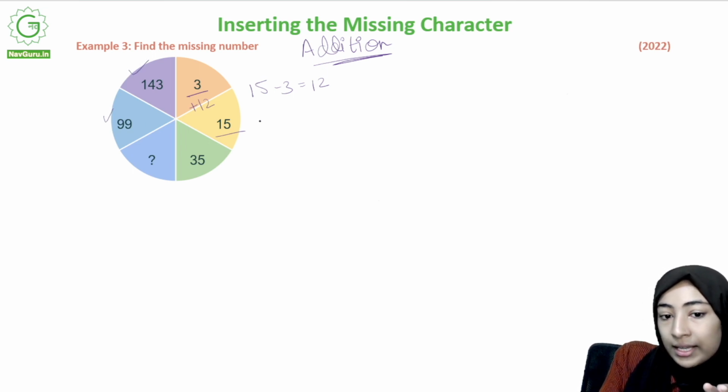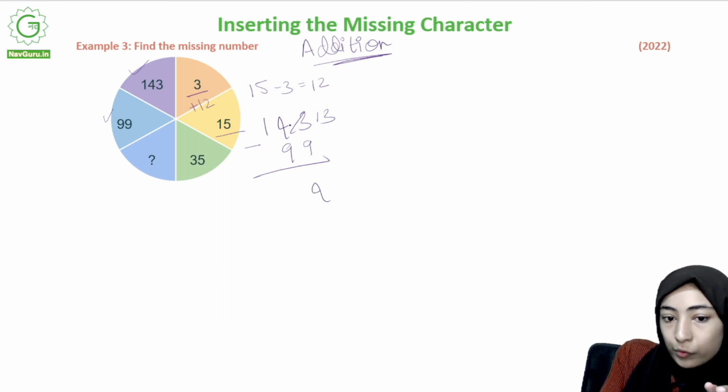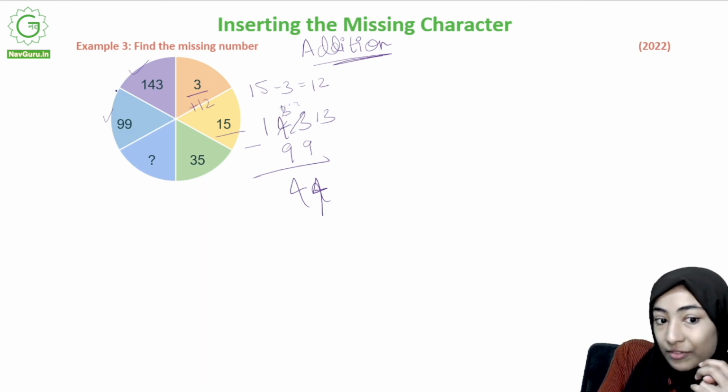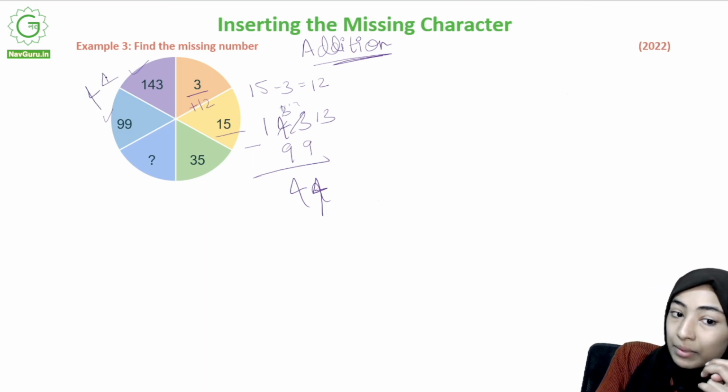And if you just look at the difference between 143 and 99, you have 44. So here we started with the 12. It's definitely not a 12. You see a number as huge as 44 being here.